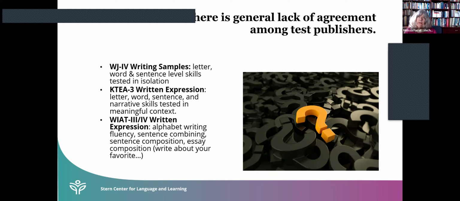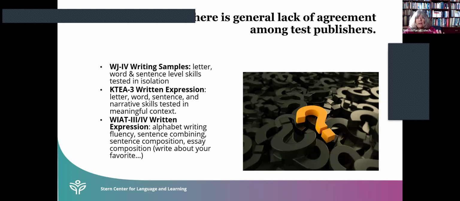And they really wanted to focus on writing skills in the context of something meaningful and something important. So the KTA written expression test asks children to do a variety of tasks depending on their age and grade, ranging from writing different letters, writing a few words, writing sentences, formulating sentences, combining sentences, and then retelling a summary of a frame story.